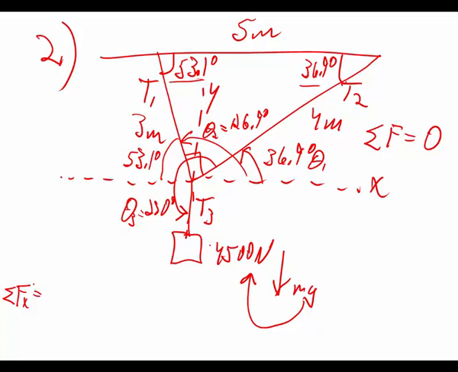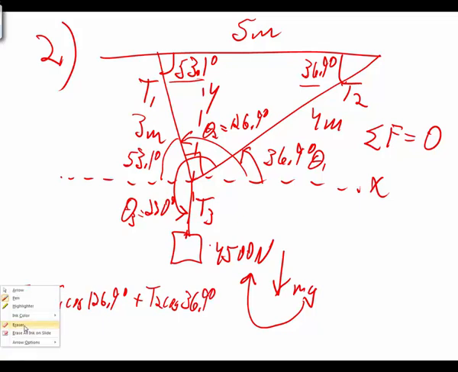The sum of the forces in the x direction is T1 cosine of 126.9, plus T2, here's T2, cosine of 36.9 degrees, right? Now what about T3 in the x direction?